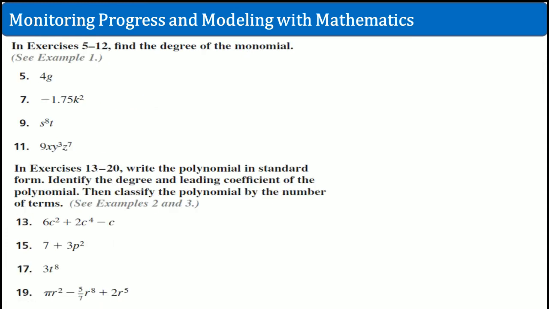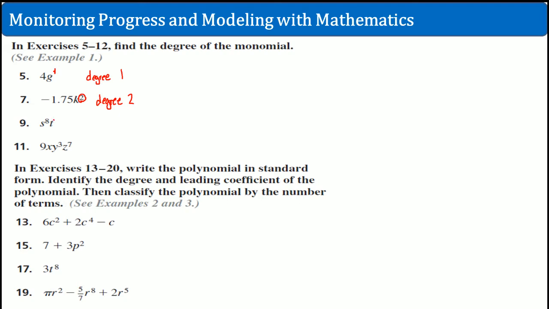So the highest degree here is a 1, so we call this a degree 1. Here the exponent is a 2, so we call this a degree 2, right? What about this one?